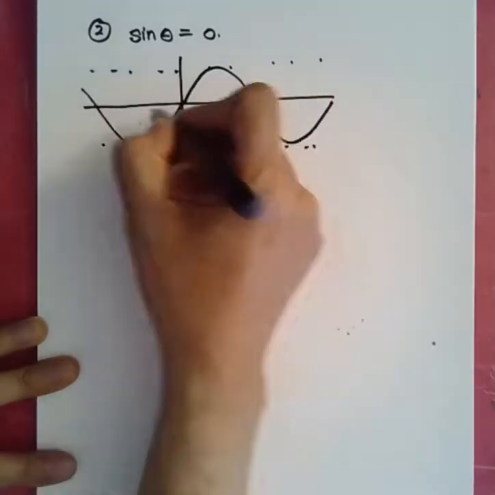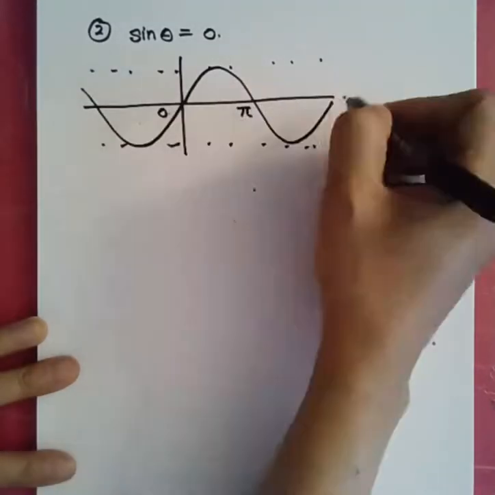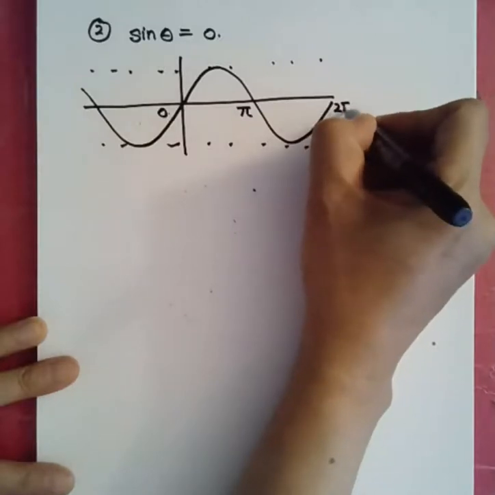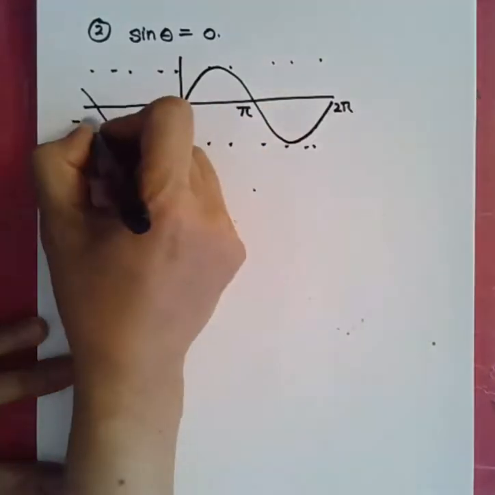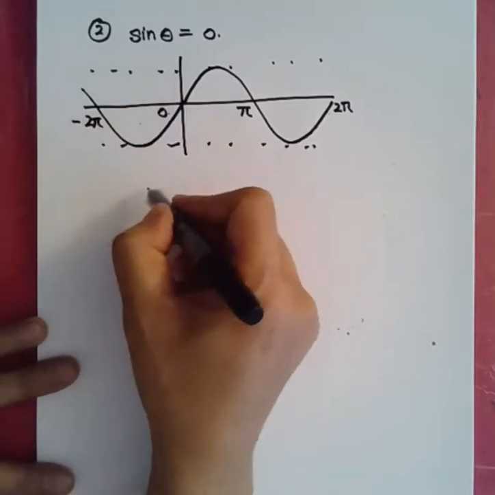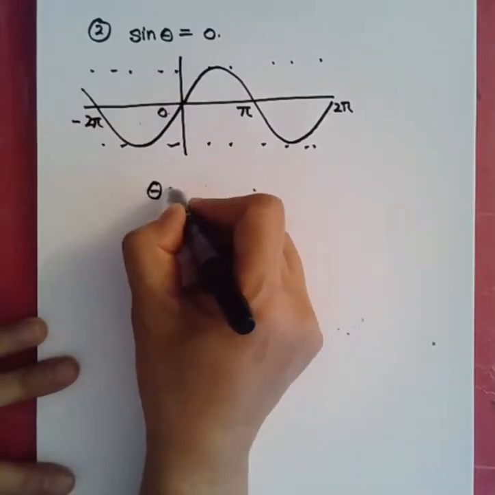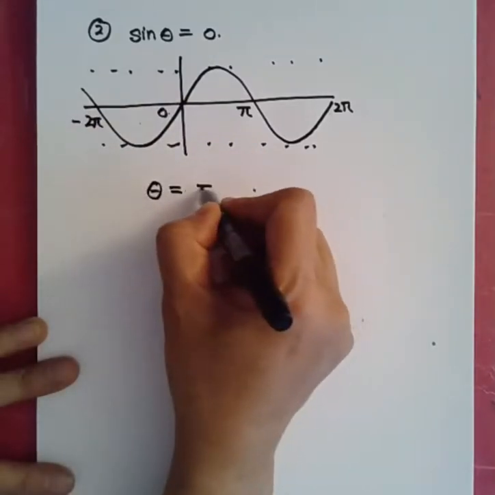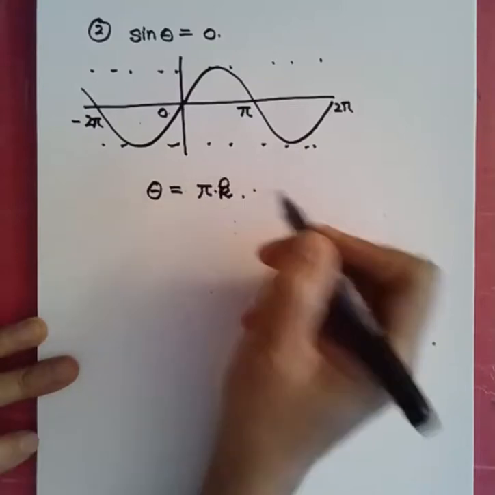If we think about the graph of sine, sine is 0 every pi. So we can easily say that theta is pi times k.